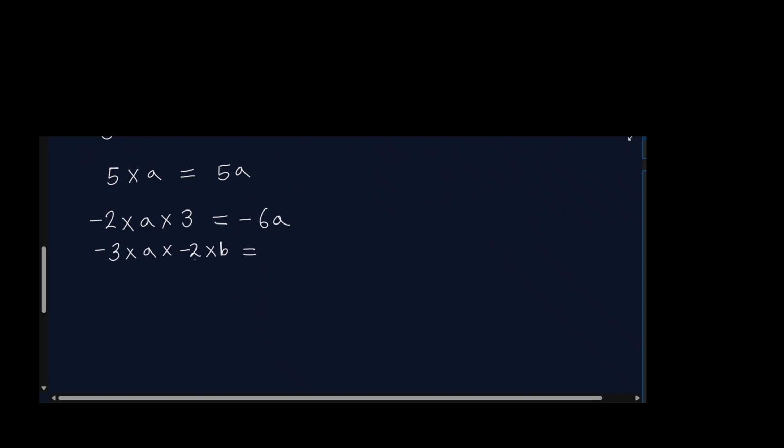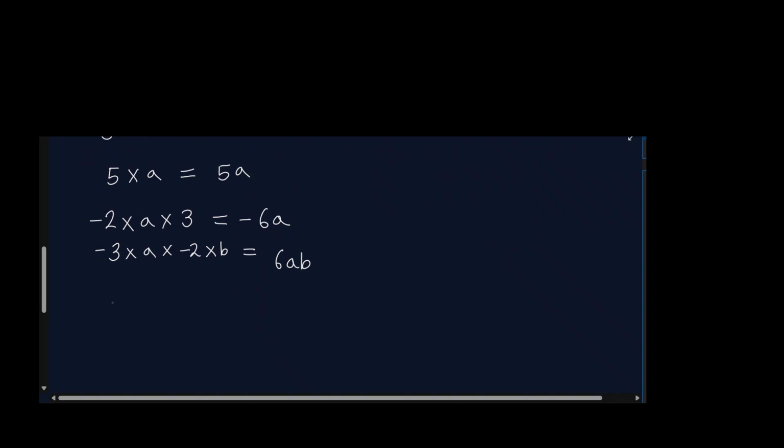We got one negative and we got another negative. So together that would be two negatives. So two negatives make positives. So the answer would be positive, but we don't need to write down the plus. So 3 times 2 is 6 again, and we got a times b, so we can just write 6ab.